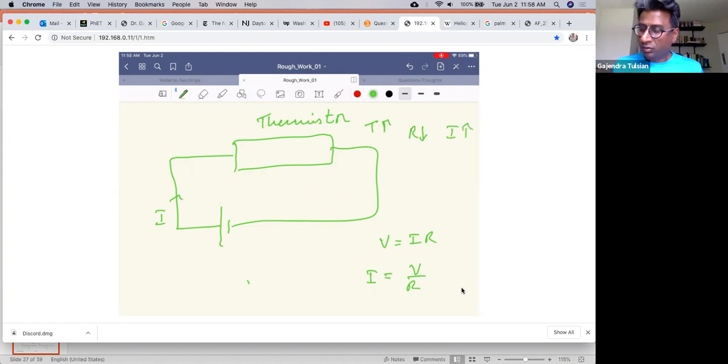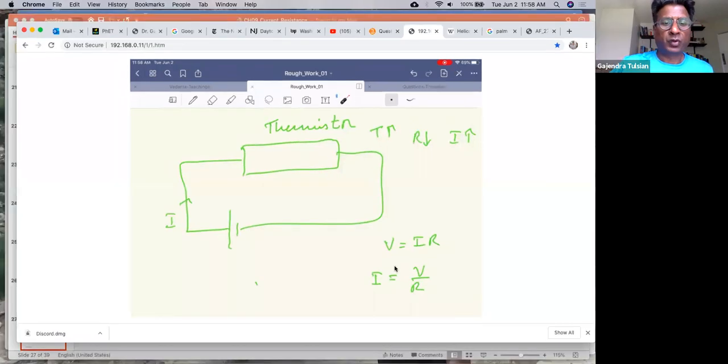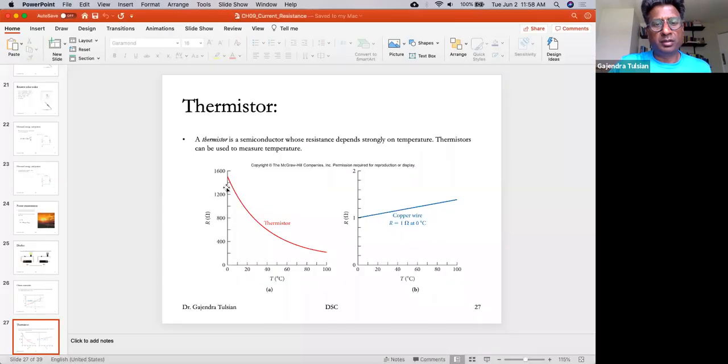So potentially this material can be used as a thermometer. Let's say you stick this on somebody's forehead. If the temperature is higher, the resistance is lower, and the current is higher. And so the current can be a proxy for the temperature. Here's a thermistor whose resistance is sharply dependent on temperature.